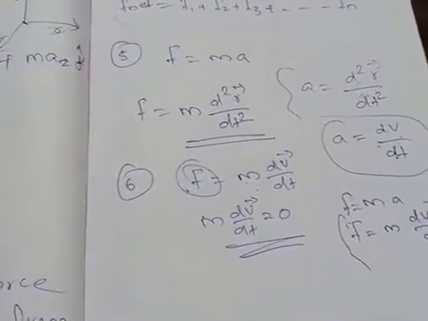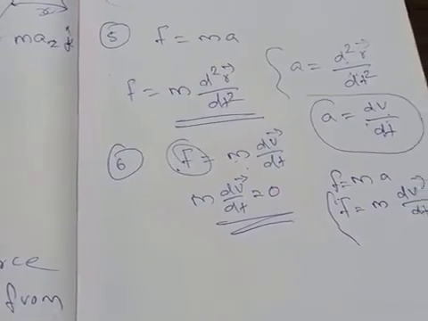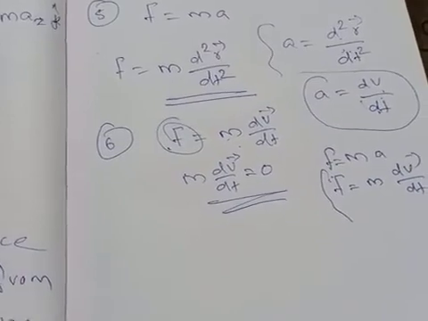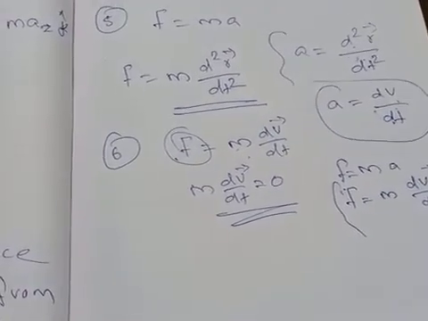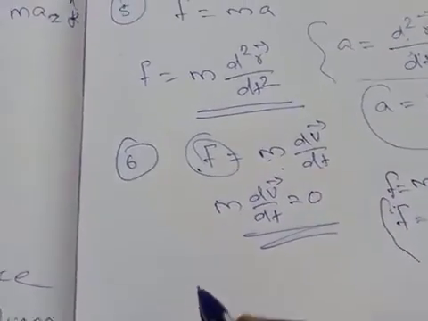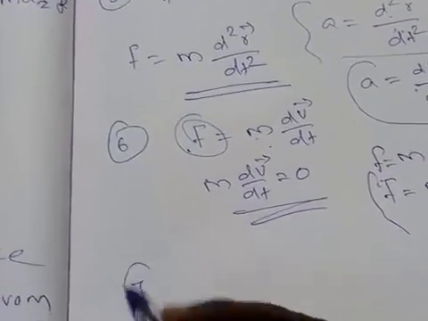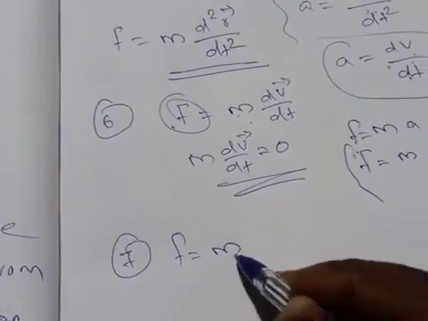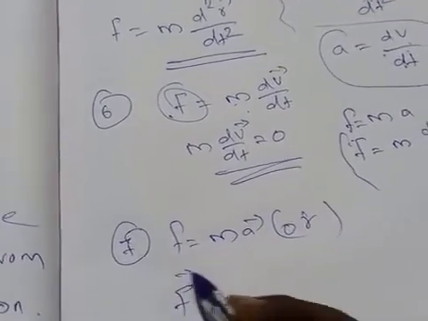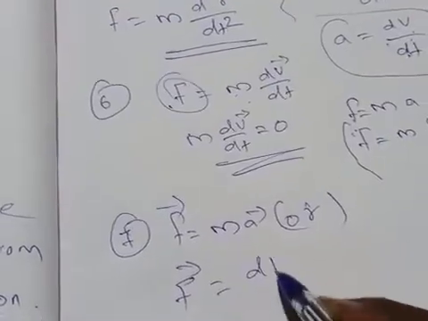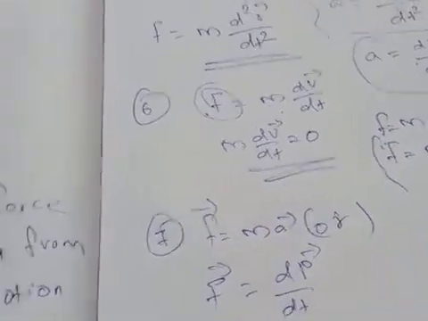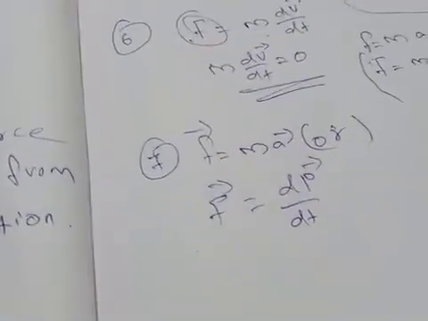The last point is that Newton's second law is a cause and effect relation. Force is the cause and acceleration is the effect. According to Newton's second law, F is equal to ma, or F is equal to dp by dt. This equation is cause and effect.